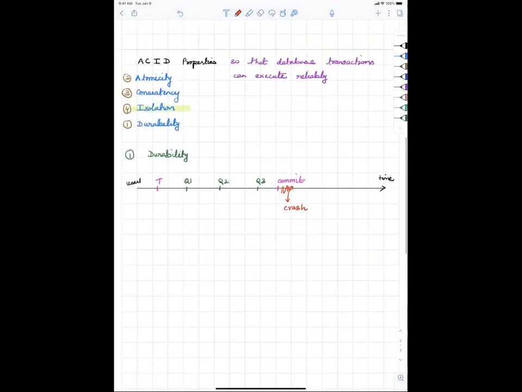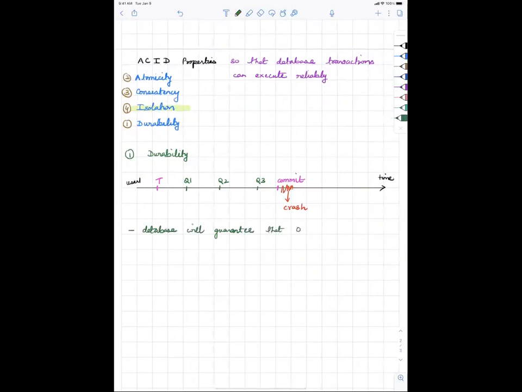The database will guarantee, if durability is there in the database, that Q1, Q2, Q3 are all executed and all the changes are written to stable storage.